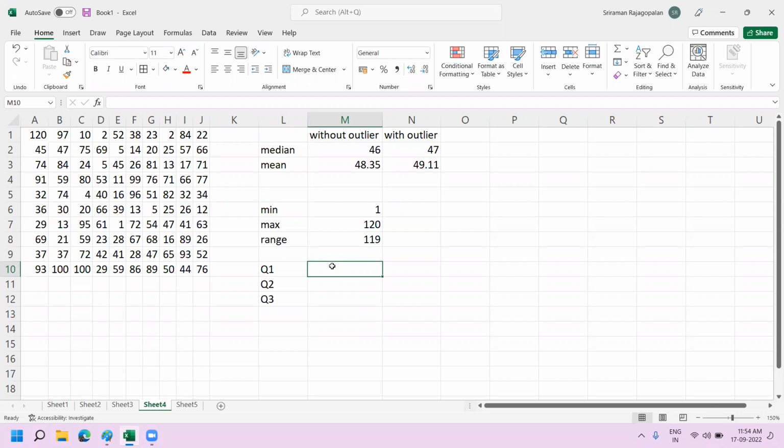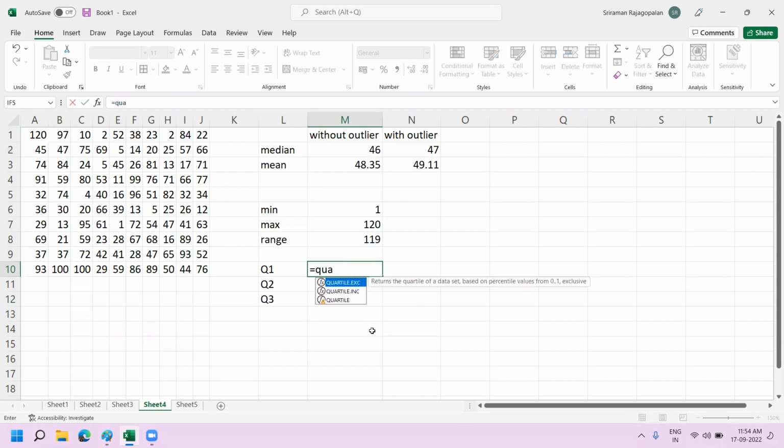Okay. So how do you calculate quartiles? First, assume that this is my data set. So I'm going to find quartile. There is a function called QUARTILE.